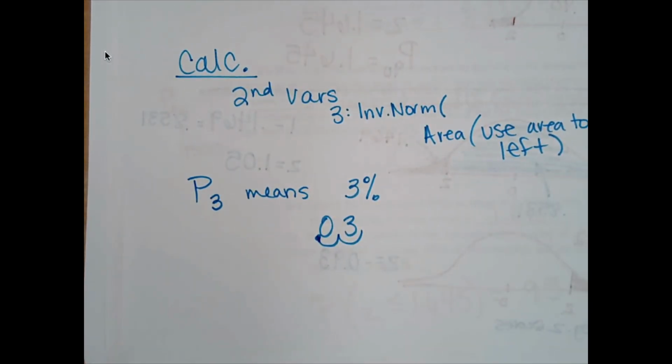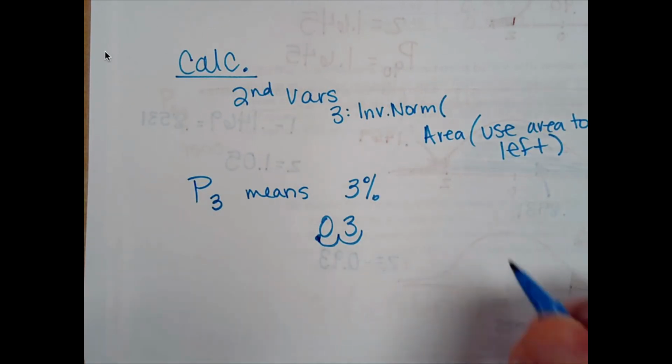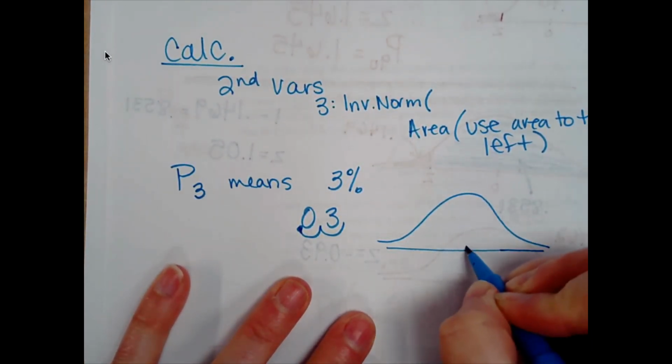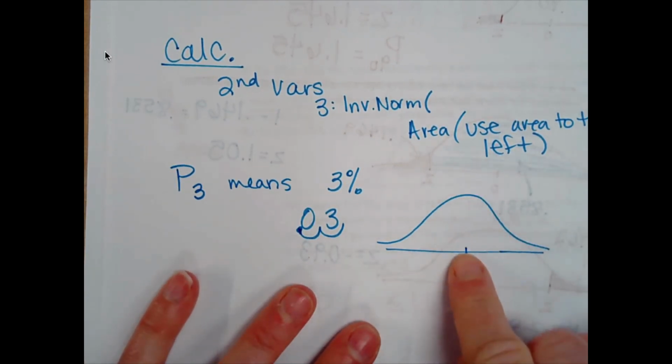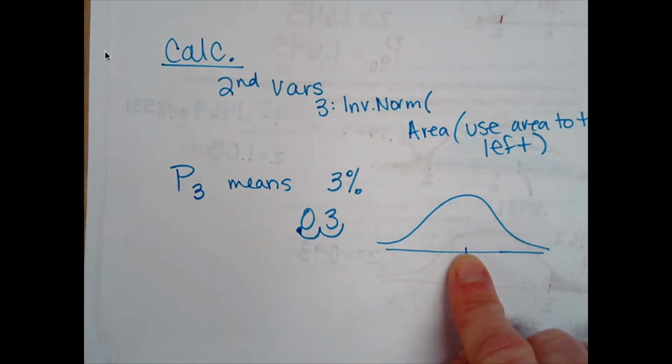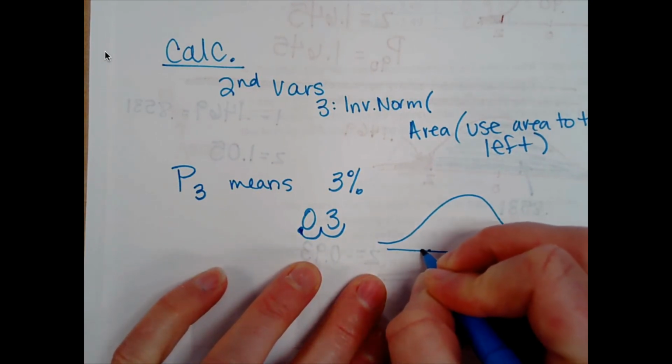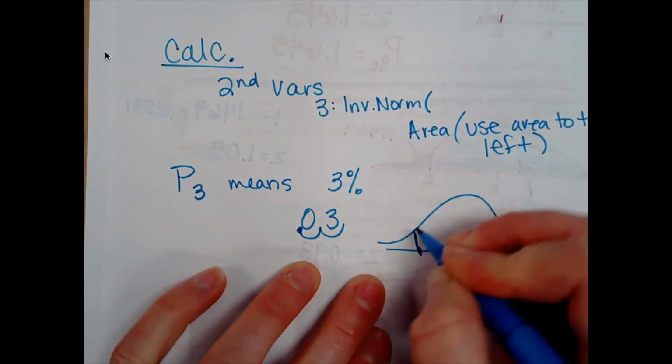So the area is going to be 0.03. There we go. So if we have a graph, this is 50%. Where is 0.03 going to be? It's going to be over here, right?